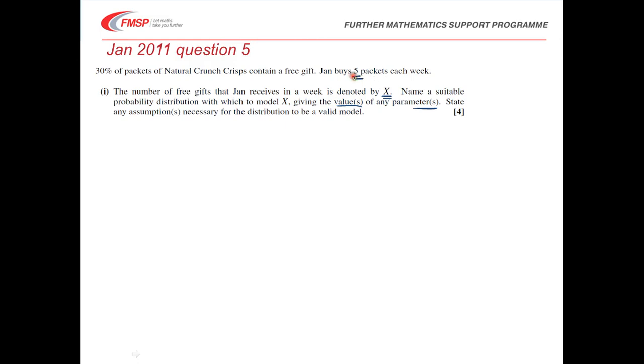So we're doing it a fixed number of times, and there is a fixed probability of occurring. So we can model X as a binomial distribution where we're doing it 5 times, and the probability of success is 0.3. So we've got ourselves 2 marks for this already. So we then need to state the reasons why we think it's binomial. So what are the assumptions? So the assumptions are that the probability of a gift is constant.